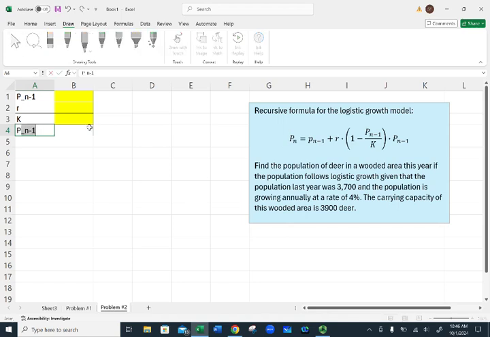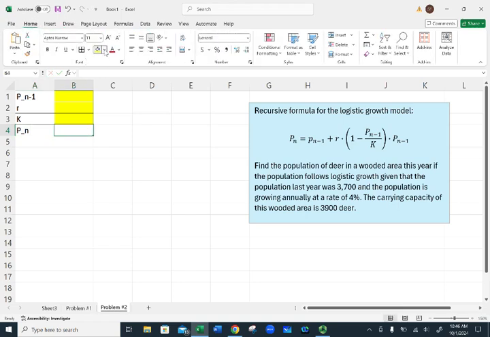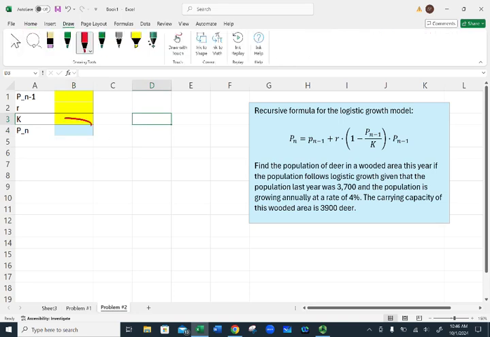All right, so P subscript N, and that cell is going to be blue. All right, and now what I'm going to do in this blue cell right here, I'm going to type the left-hand side of that equation. Right? But instead of Pn-1, I'm going to use the location where that number is going to be.